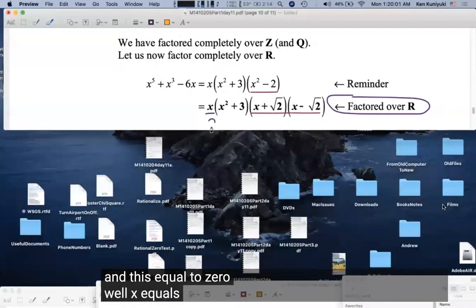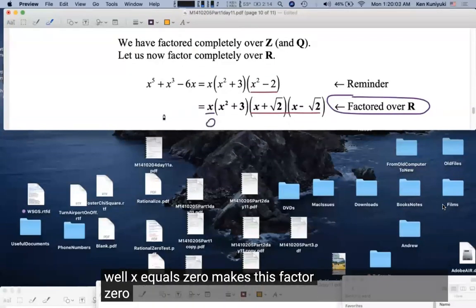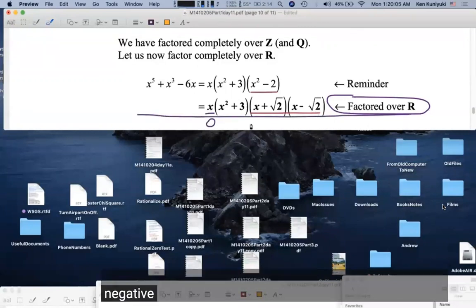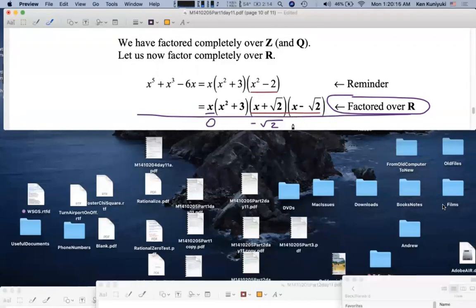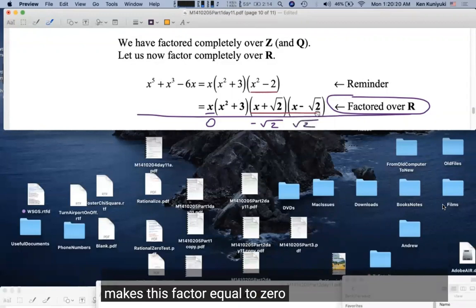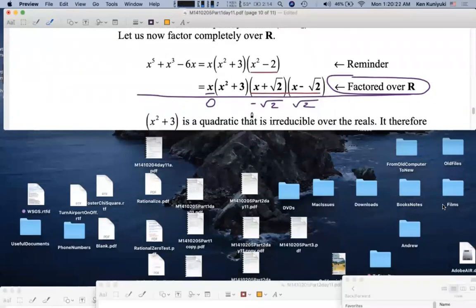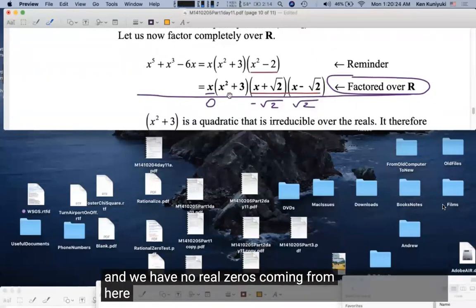Well, x equals 0 makes this factor 0. Negative root 2 makes this factor equal to 0, and positive root 2, when plugged in for x, makes this factor equal to 0. And we have no real zeros coming from here.